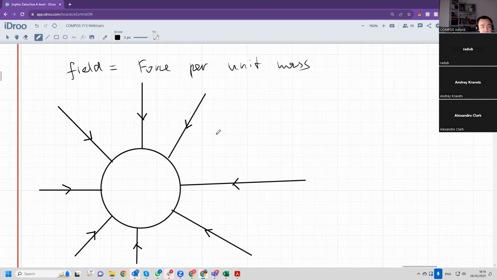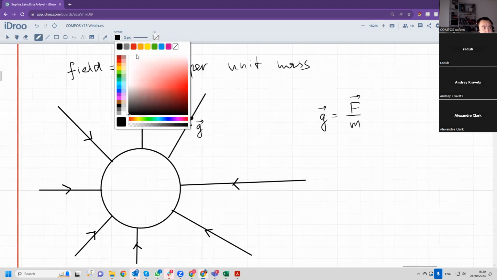So the strength of the gravitational field is g. By definition, g is the force per unit mass. If you put a mass here, there's a force on that mass.